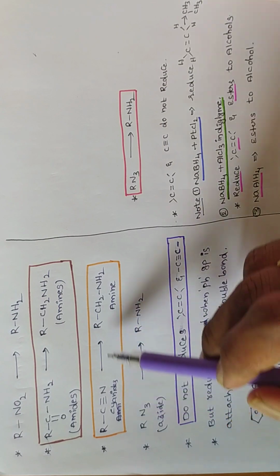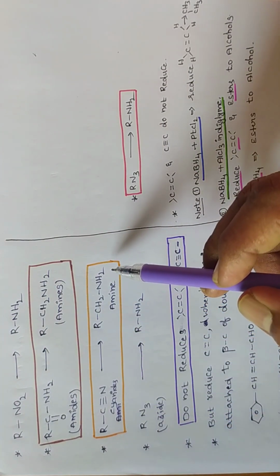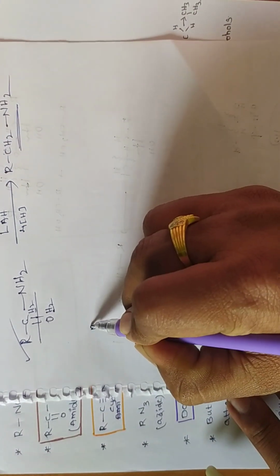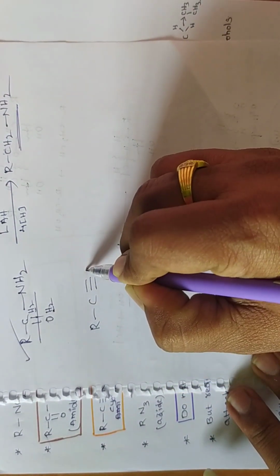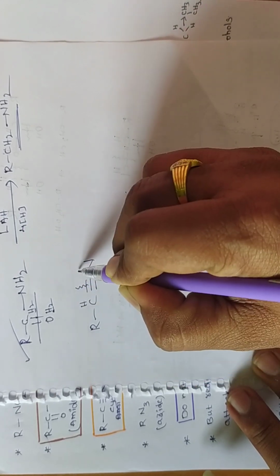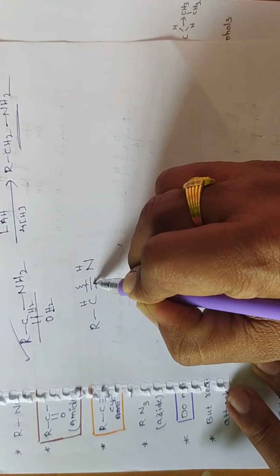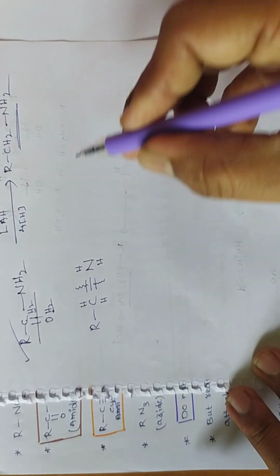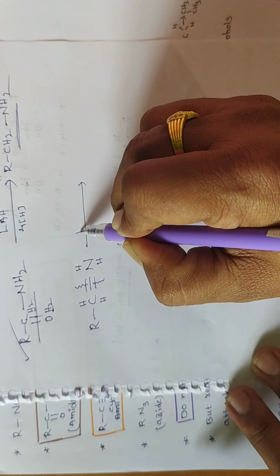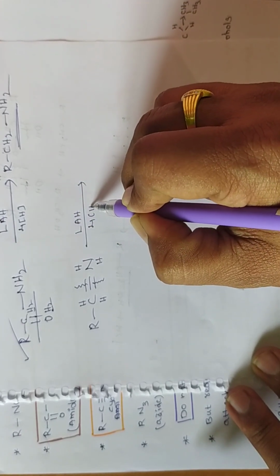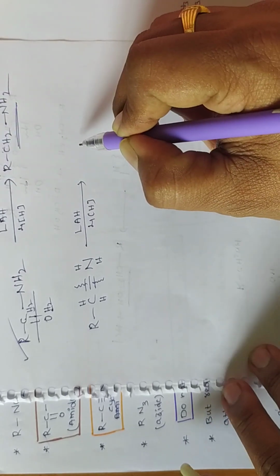Next, cyanides are converted into amines. How do we break the bond? This is the cyanide. Now you break the bond. This side 1 hydrogen, this side 1 hydrogen. Now you break this bond. This side 1 hydrogen, this side 1 hydrogen. That means this is reacting with lithium aluminium hydride with 4 moles of hydrogen.